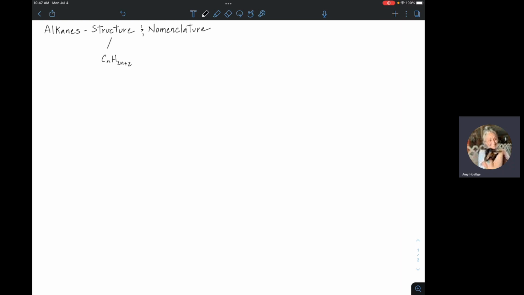The carbons are sp3 hybridized. The electron geometry is going to be tetrahedral.